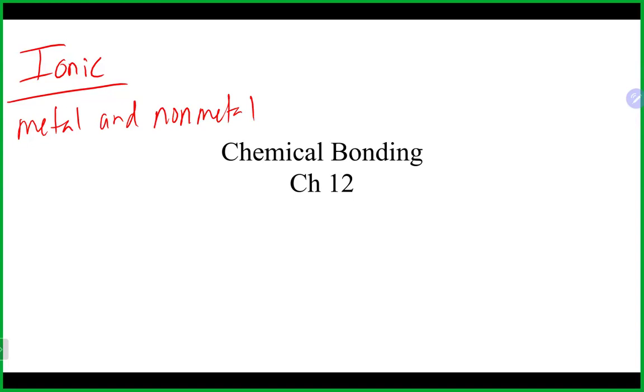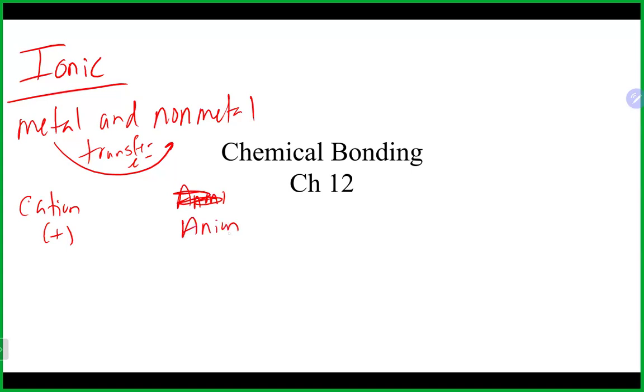Non-metals have all the trend where they want to really accept them. In this case, we end up getting a transfer of electrons that occurs between the metal and the non-metal. The metal results in a cation formation that is positively charged. The non-metal results in an anion formation that's negatively charged.